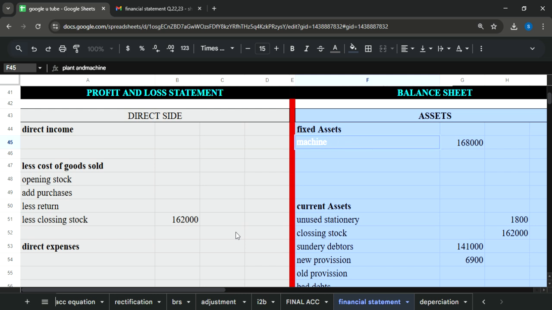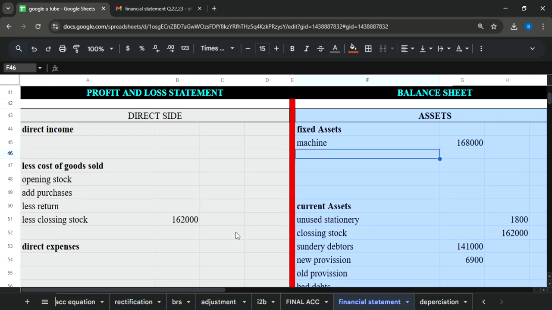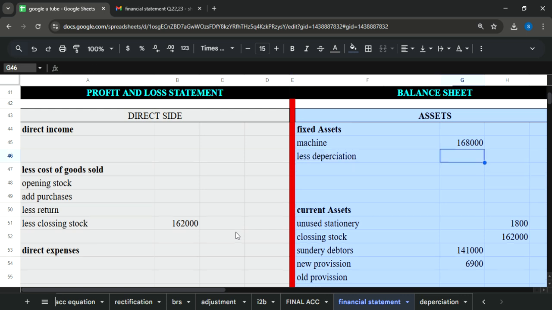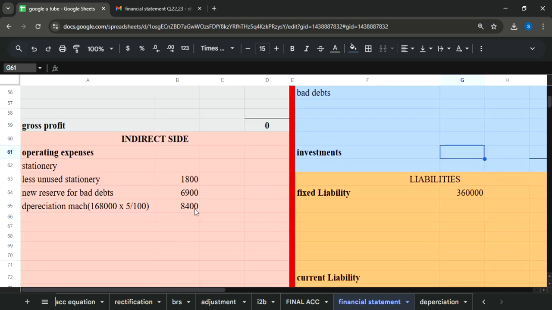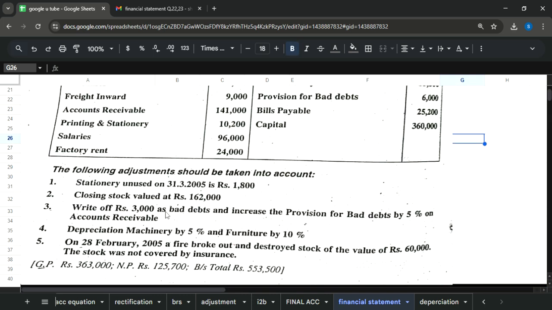So the remaining words we can remove. Less depreciation, and this depreciation was just calculated, 8400. Write it down, and you need to subtract, which we will do later on. You can see that there are two parts of this adjustment.